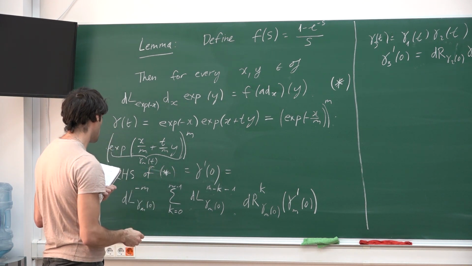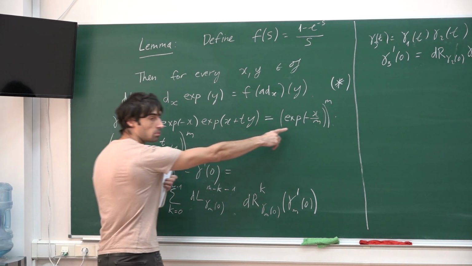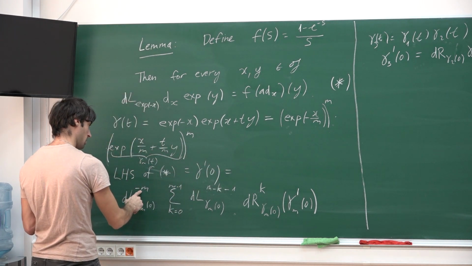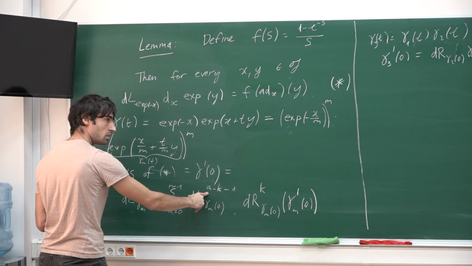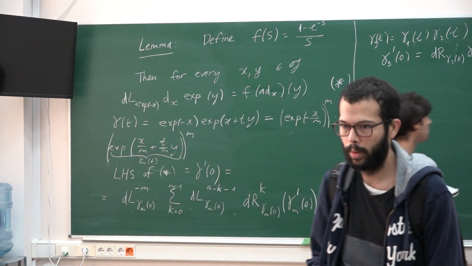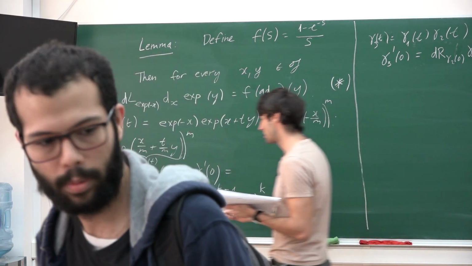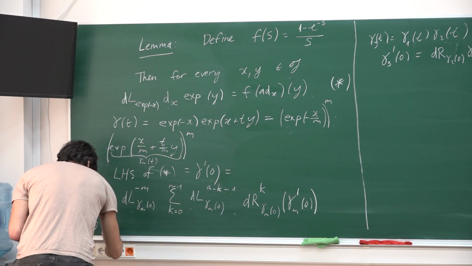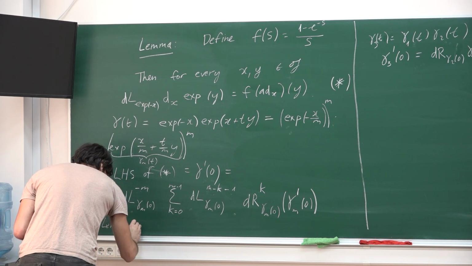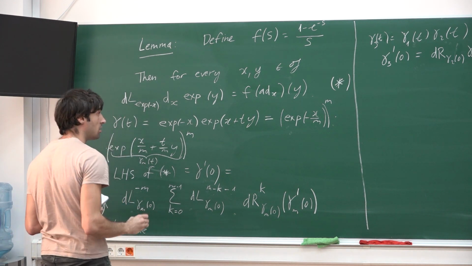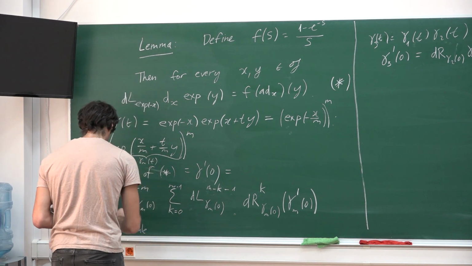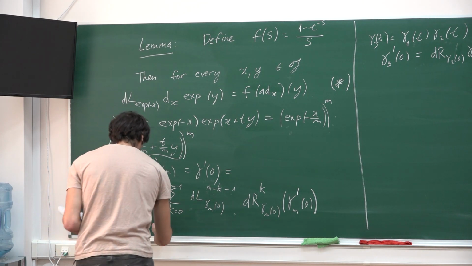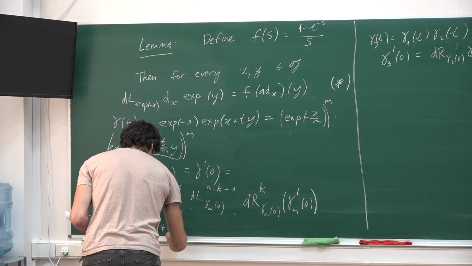Okay. And then this one just comes from this one. I just need this to combine with this one. So this is by the Leibniz rule, which is this double star.